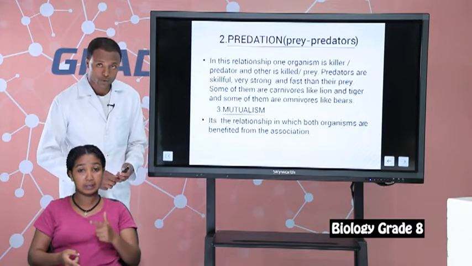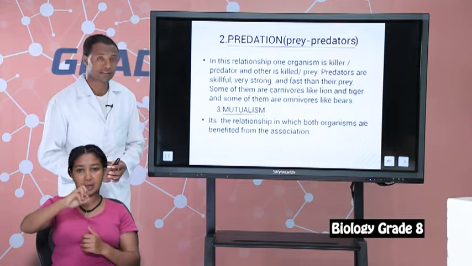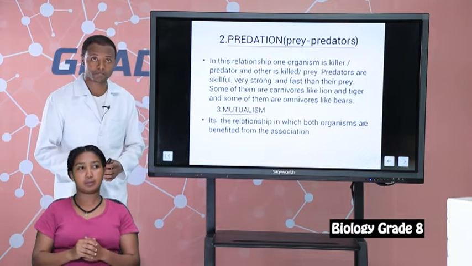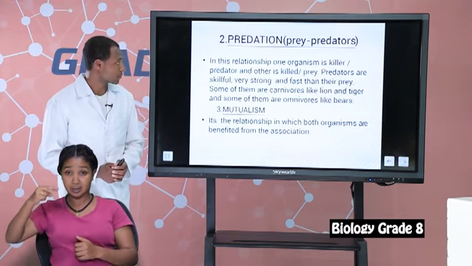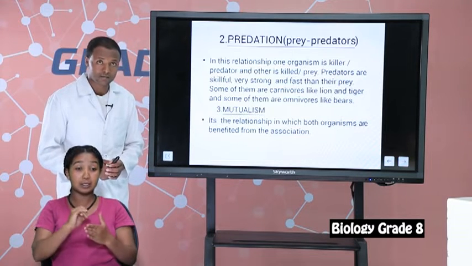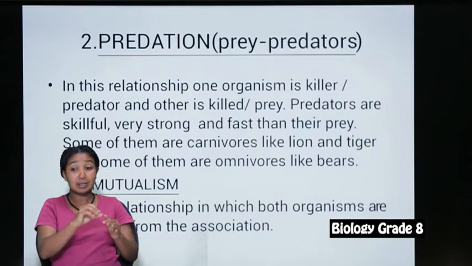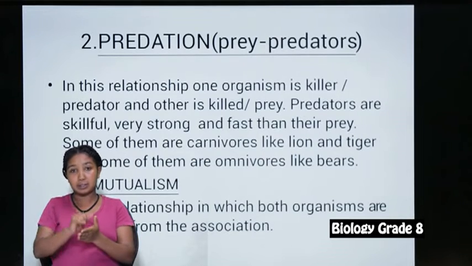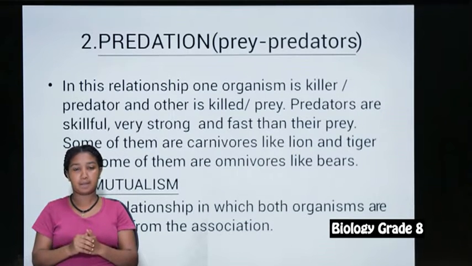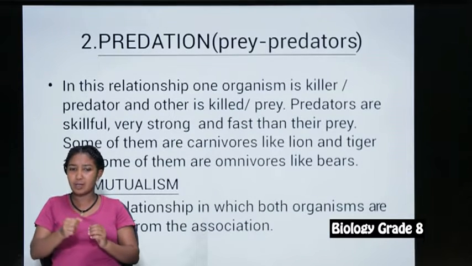The second association is predation. It is prey-predator relationship. In this relationship also, one organism is killer. That means it benefits from the association, whereas the other organism is killed, that is prey. Predators are skillful, very strong, and faster than their prey.